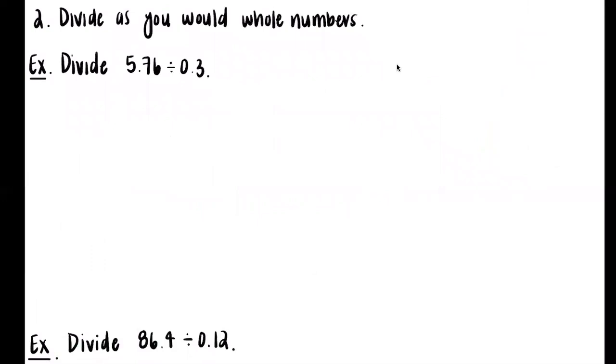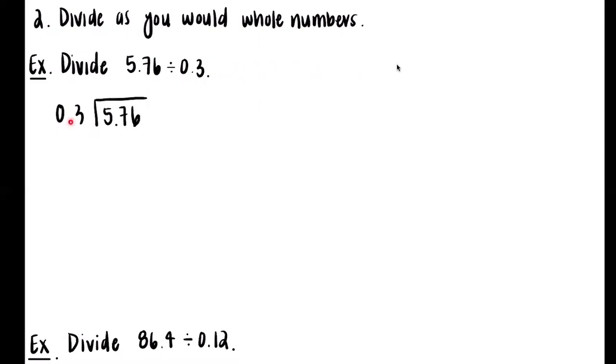Let's divide 5.76, so this is the dividend, by the divisor of 0.3. So 0.3 is not a whole number. We need to turn it into a whole number. So we're going to divide 0.3 into 5.76.